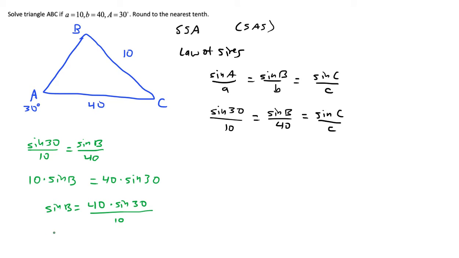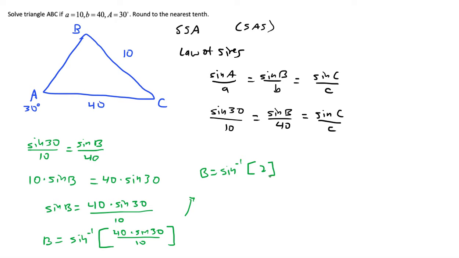In this case, B is going to equal the sine inverse of 40 times sine of 30 over 10. If we calculate this part out, we get B equals the sine inverse of 2. 40 times the sine of 30, all of that over 10, should equal 2.